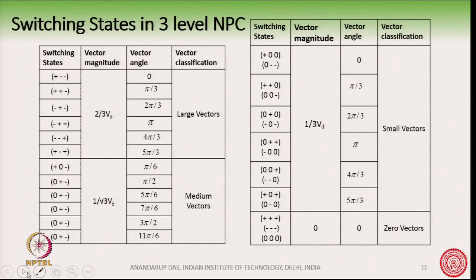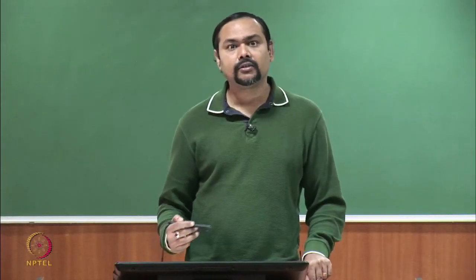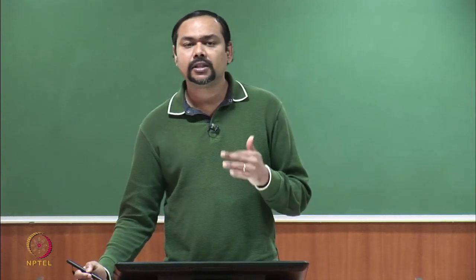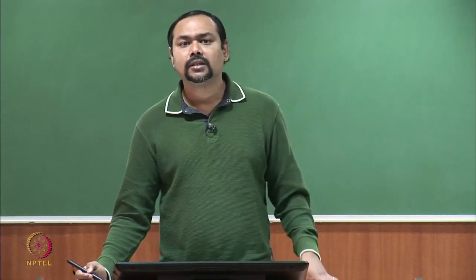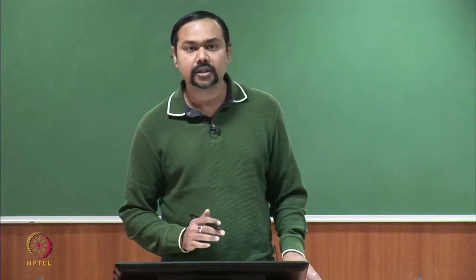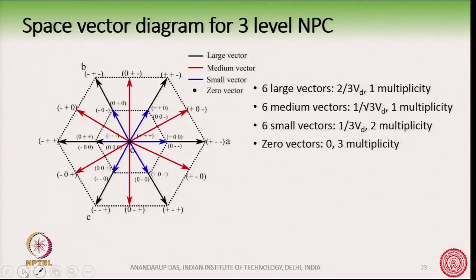So, 6 plus 6 plus 12 plus 3 makes 27. So, there are 27 switching states. That forms the whole space vector diagram, which is now shown in this figure.